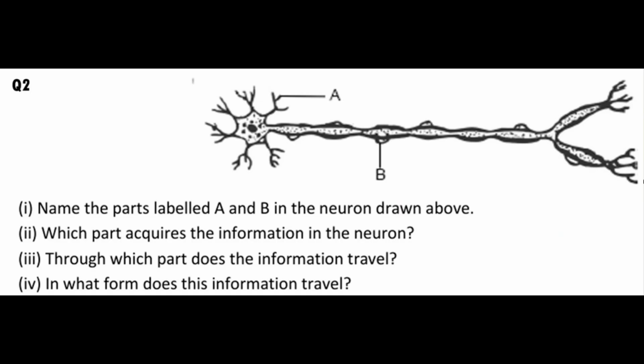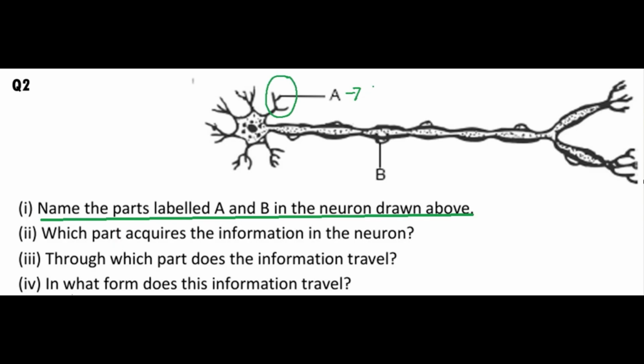The next question is a 5-mark question, and it is divided into subparts like this. First part is: name the parts labeled A and B in the neuron drawn above. The A part is, this is the A part here.